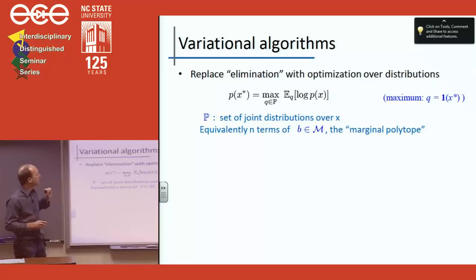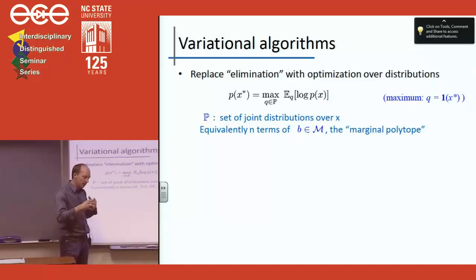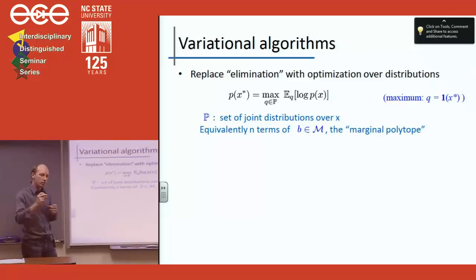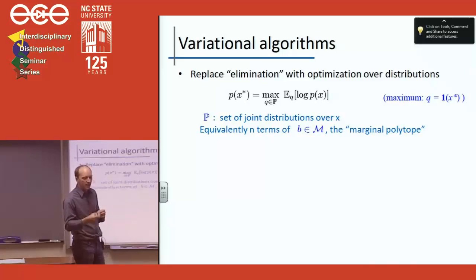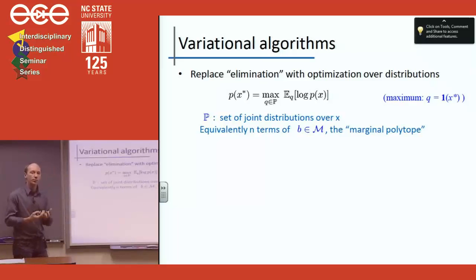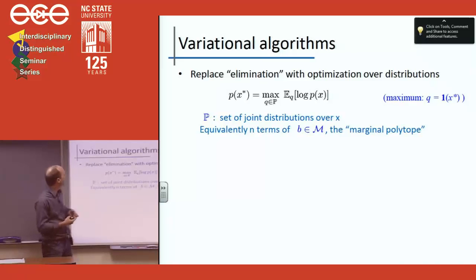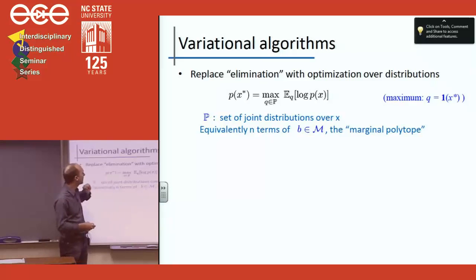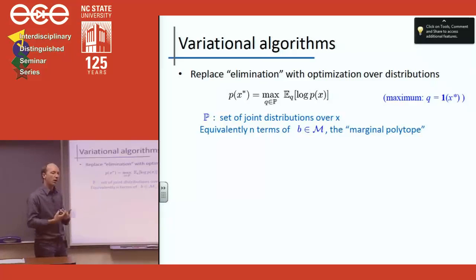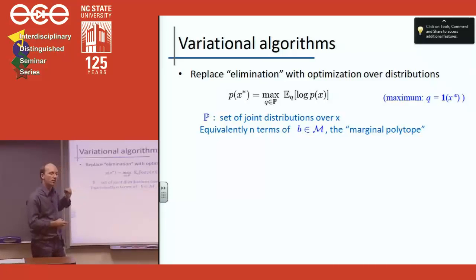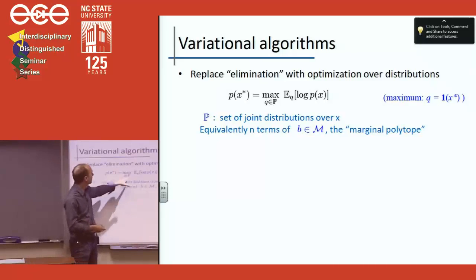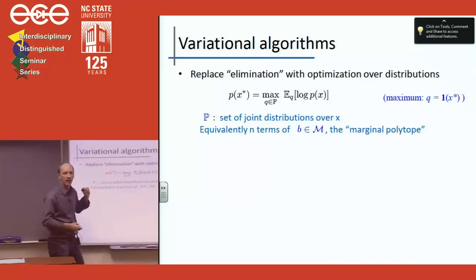Variational algorithms take this problem, either the combinatorial optimization or the combinatorial sum, and replace it with a continuous optimization over distributions. So let's say I'm trying to optimize my distribution P of x. Instead of finding the configuration x star that maximizes it, I could ask for the distribution over x that maximizes the expected value.